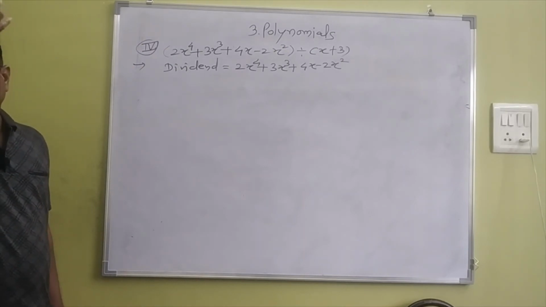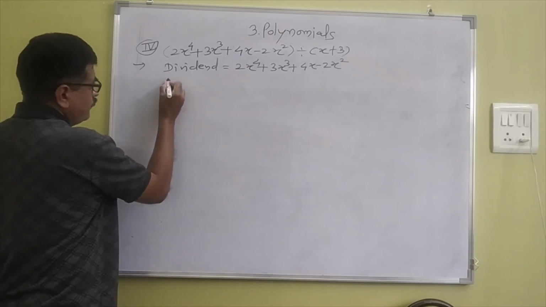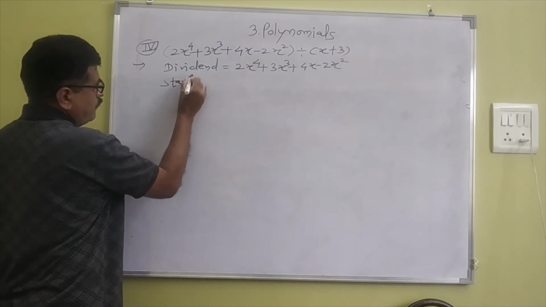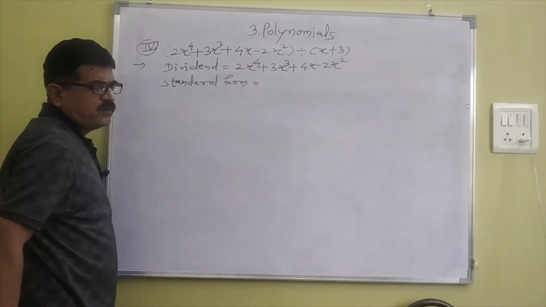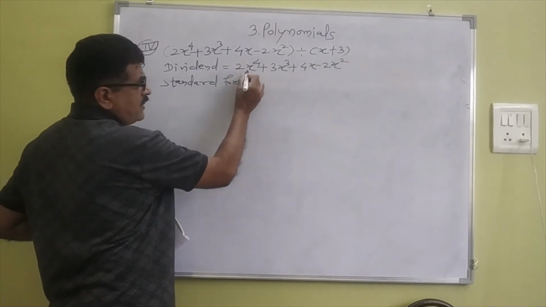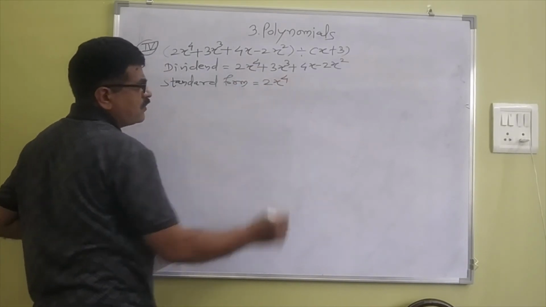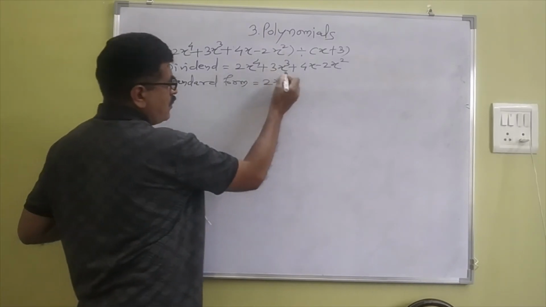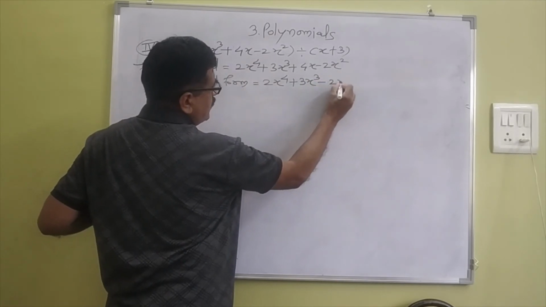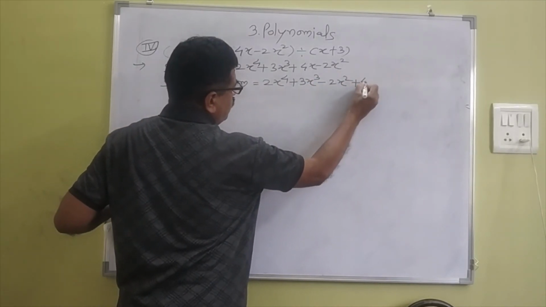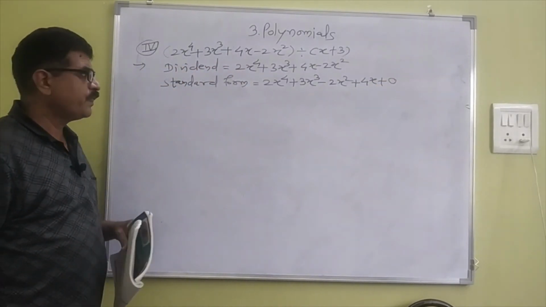Now what is the next step? Write down standard form. Standard form is equal to, now here highest power is 4, therefore write down 2x to the power 4. Then term of cube 3x cube minus 2x square plus 4x plus constant term is 0.